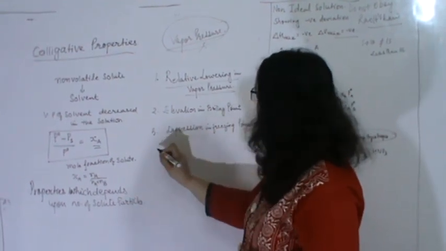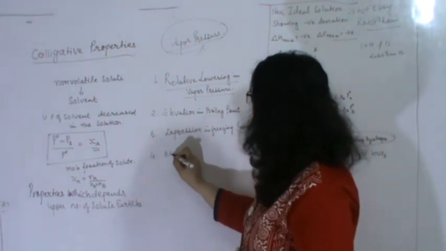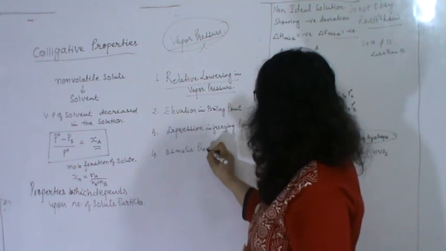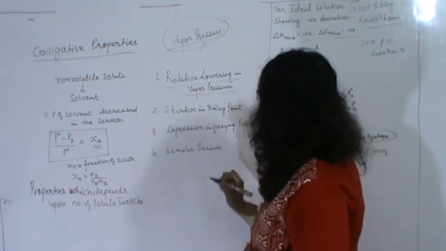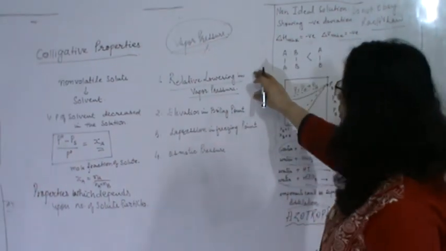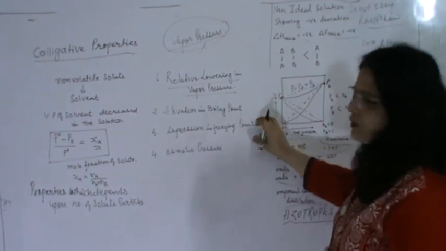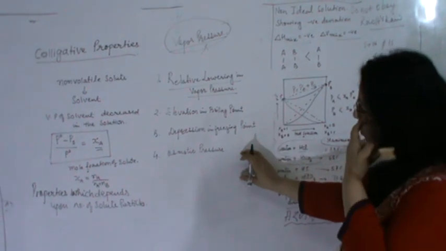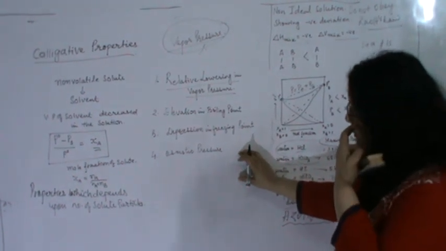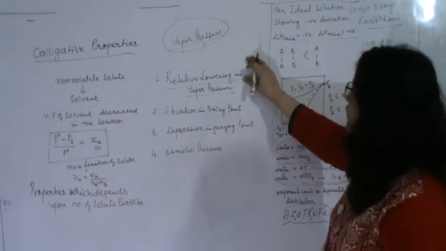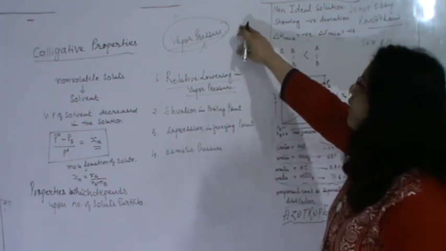And the fourth, we have osmotic pressure. So we have 4 colligative properties: relative lowering in vapor pressure, elevation in boiling point, depression in freezing point, and osmotic pressure. यहाँ पे we have to keep in mind relative lowering in vapor pressure is a colligative property, not the vapor pressure.